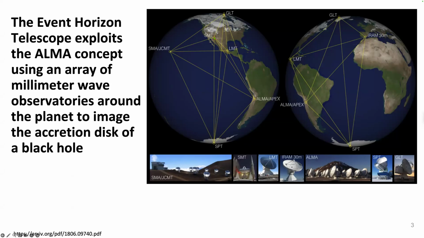There's, I forget the name of that one. Here's one in Hawaii, West Texas, South Pole, and that's just one side of Earth. Here's the one in Spain, South Pole again. And by linking these together, we can synthesize images as if we use the entire Earth as a receiver.